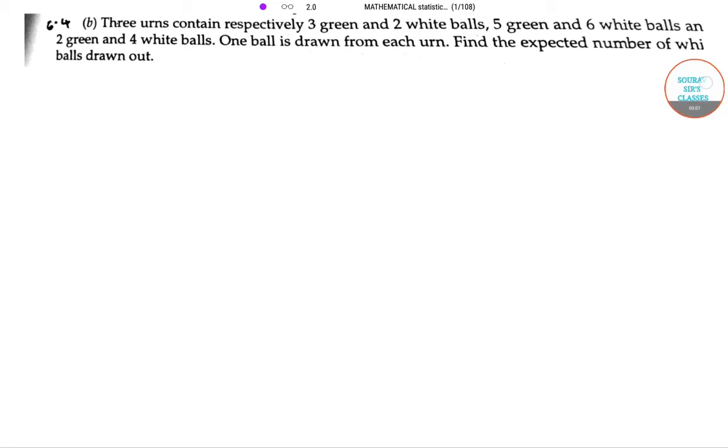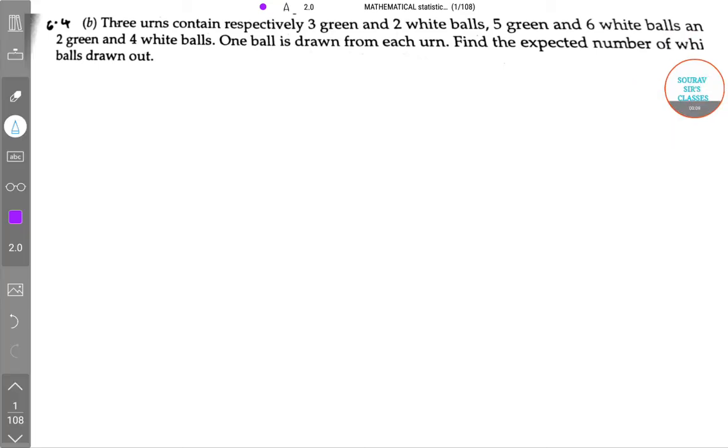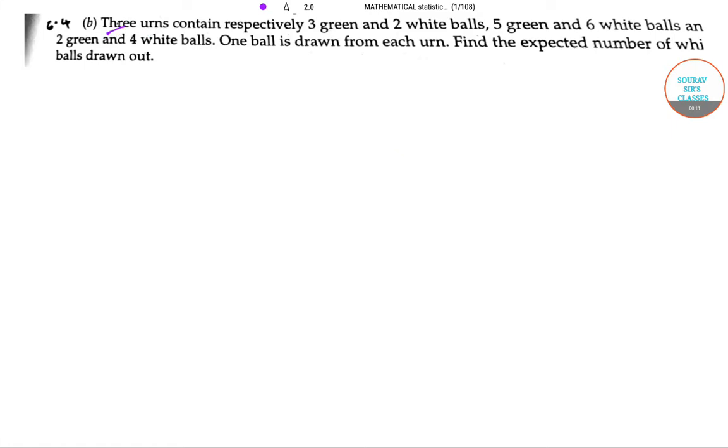The first question is, three urns contain respectively 3 green and 2 white balls. So there are 3 urns, U1, U2 and U3. The first one contains 3 green and 2 white balls.